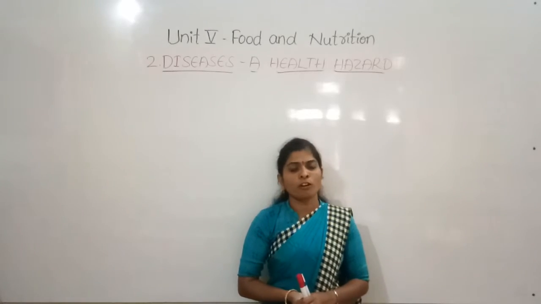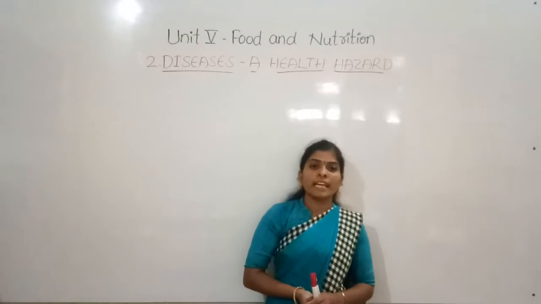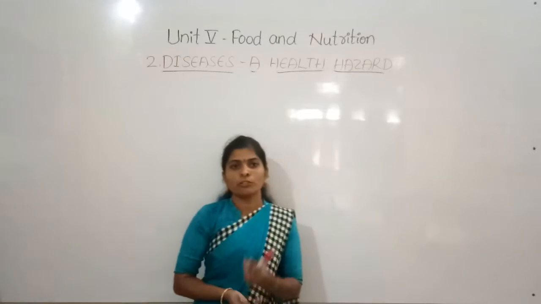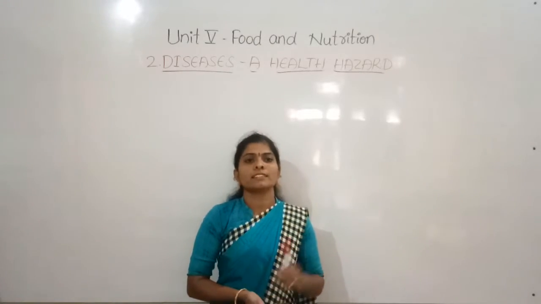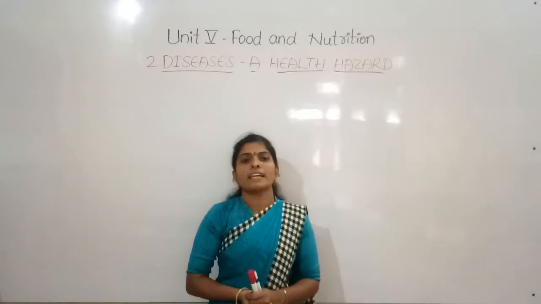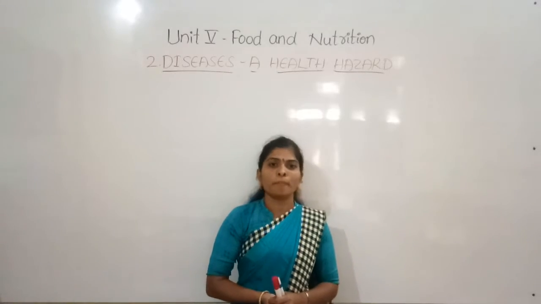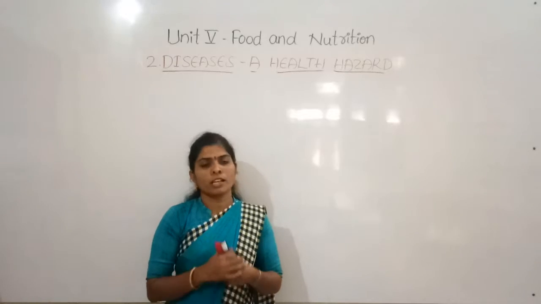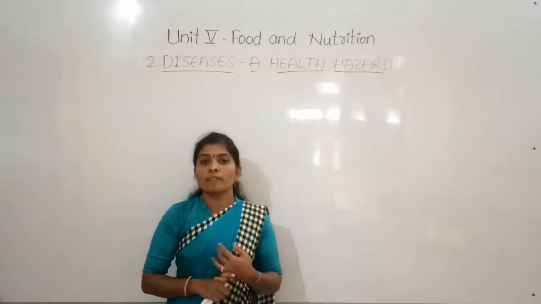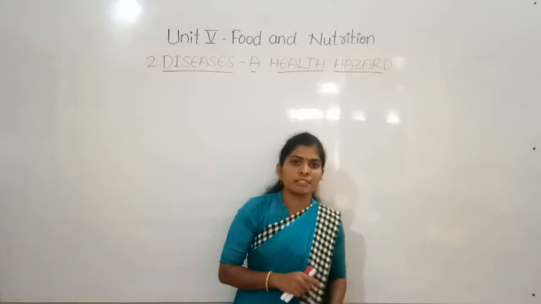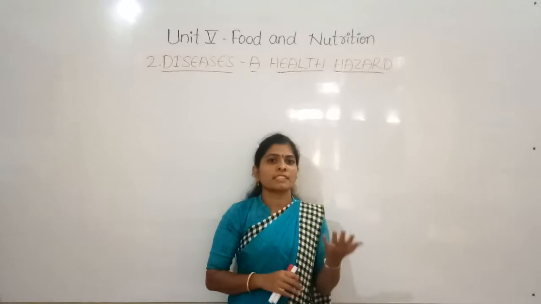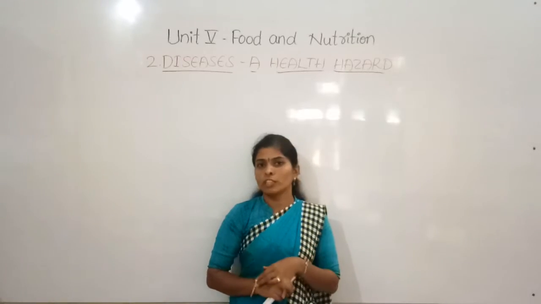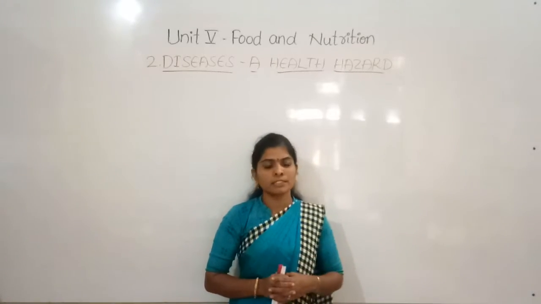Many are useful also, so we can divide the microbes into two categories: useful microbes and harmful microbes. Useful microbes are very useful in the process of digestion for animals such as ruminants, as well as for human beings and other animals.